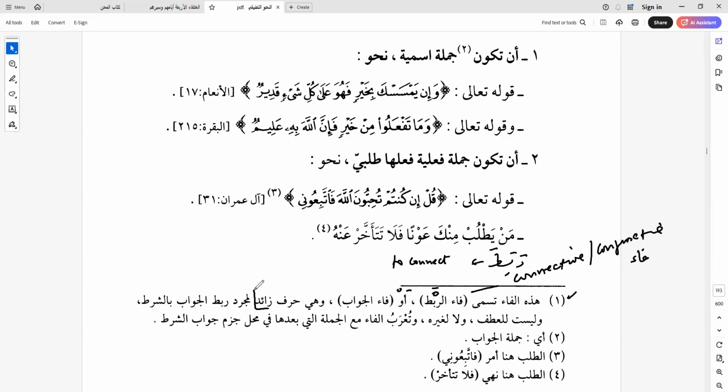It's a harf zaid. It's just what? Augmented letter. It's just an added letter. It doesn't play any critical grammatical function.